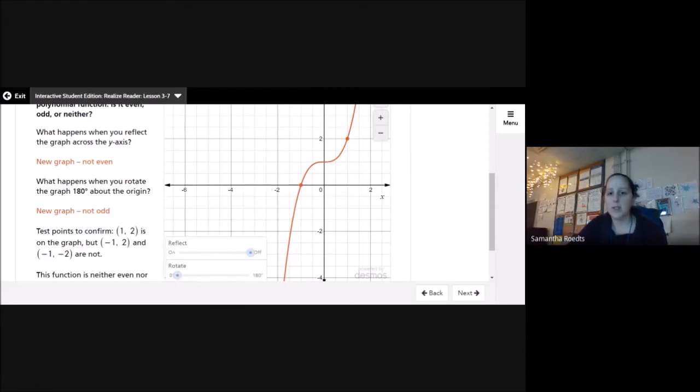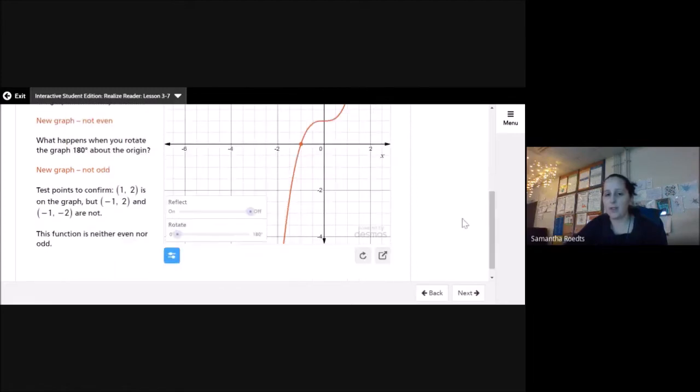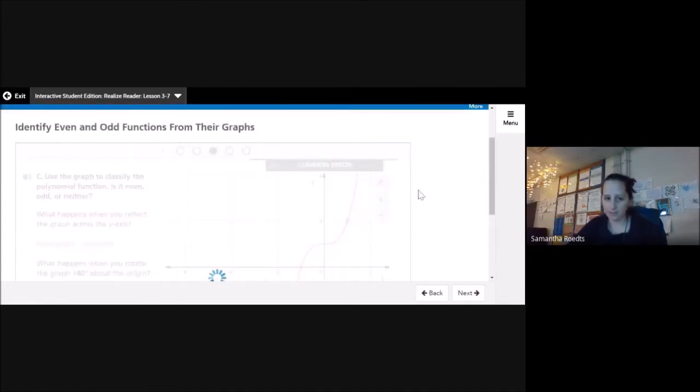So I can test a point to confirm 1, 2 is on the graph, but negative 1, 2, which is right here, is not. And negative 1, negative 2 is also not. So it is neither even nor odd.